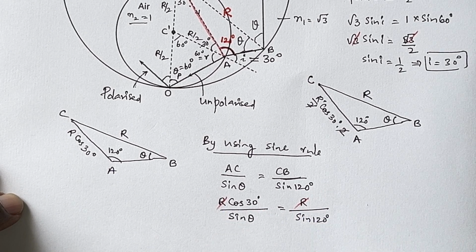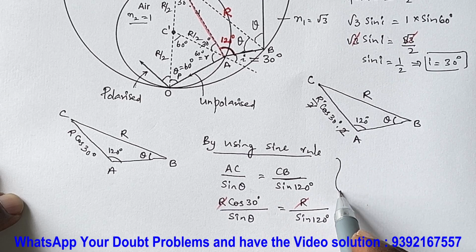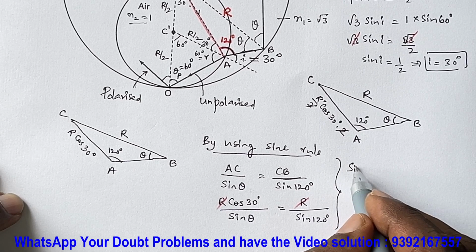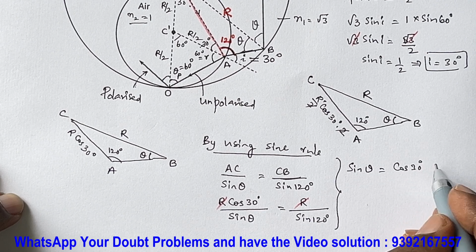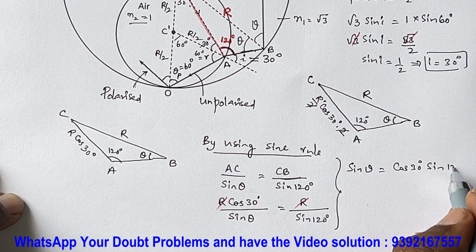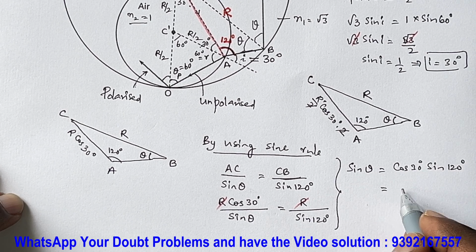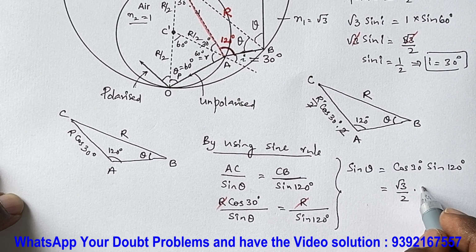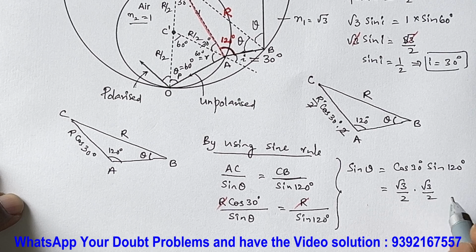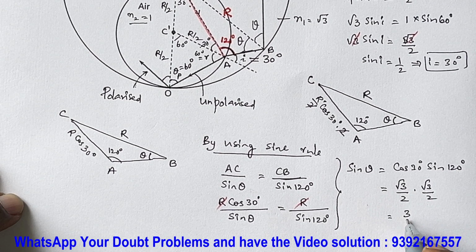I want sine theta. So sine theta is equal to cos 30 degrees times sine 120 degrees. What is cos 30? Root 3 by 2. What is the value of sine 120? Root 3 by 2. So sine theta is equal to 3 by 4.